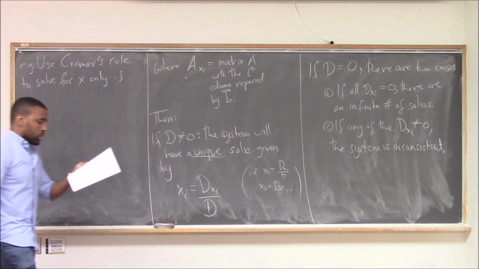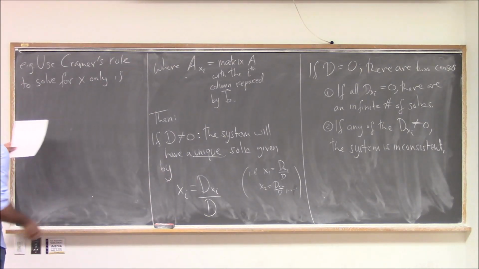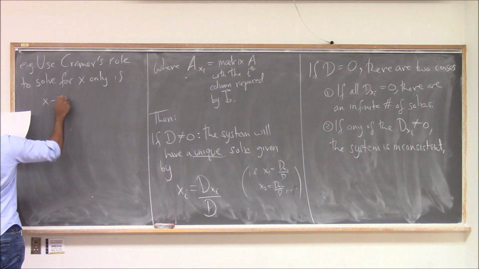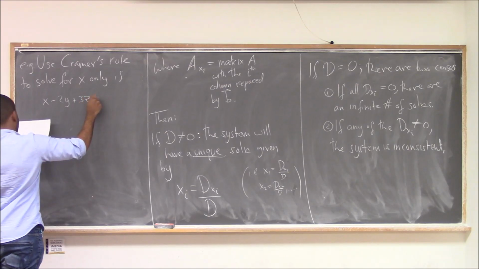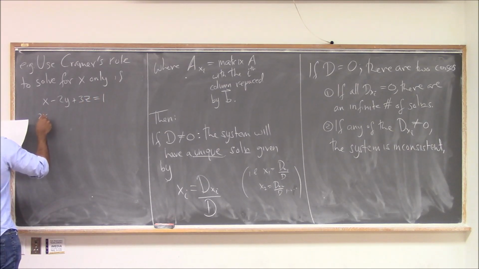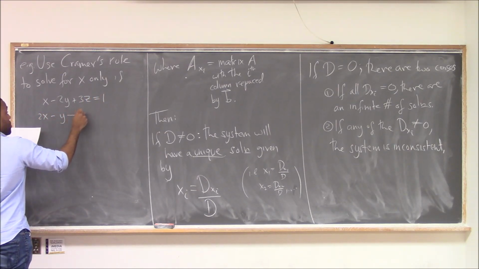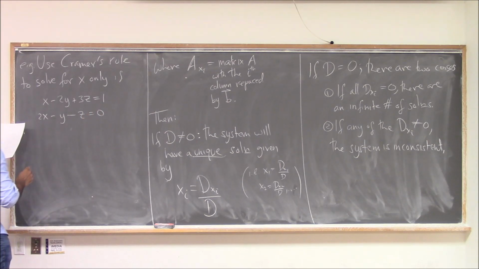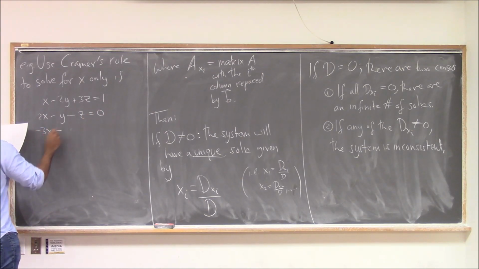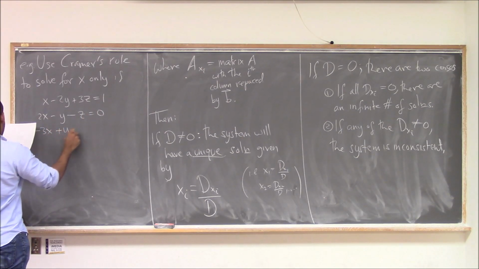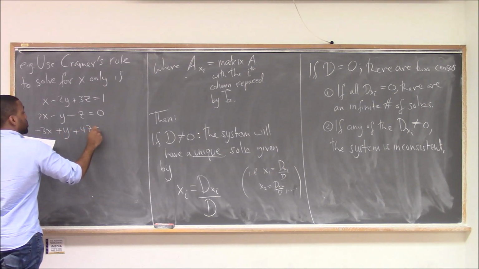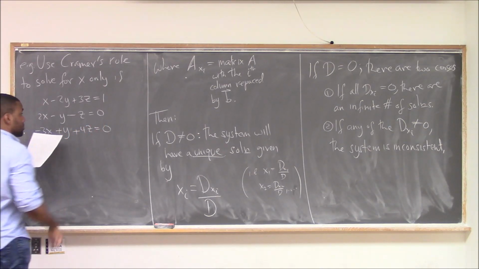So I'm going to say use Cramer's rule to solve for x. If x minus 2y plus 3z equals 1, 2x minus y minus z equals 0, minus 3x plus y plus 4z equals 0.